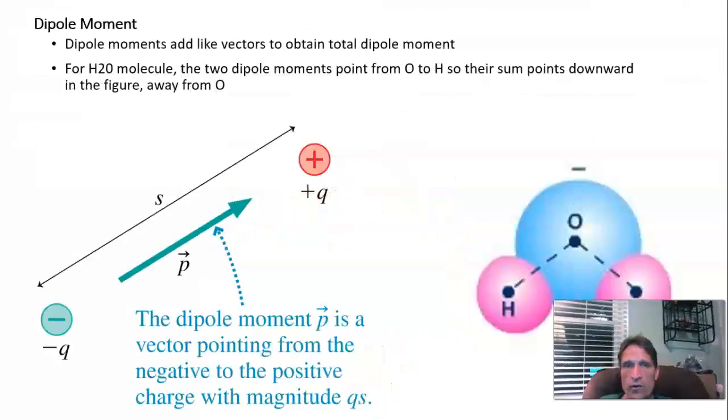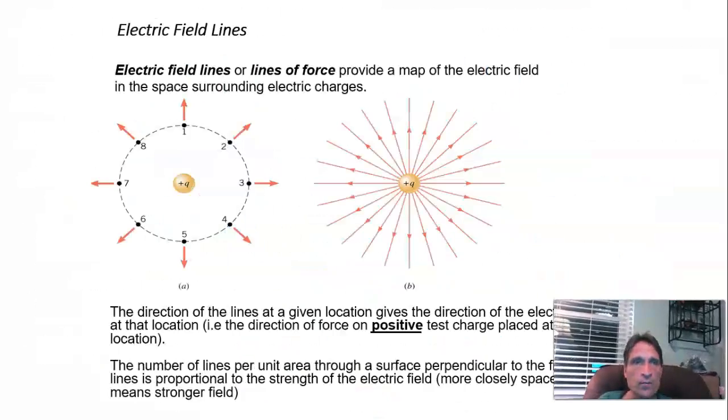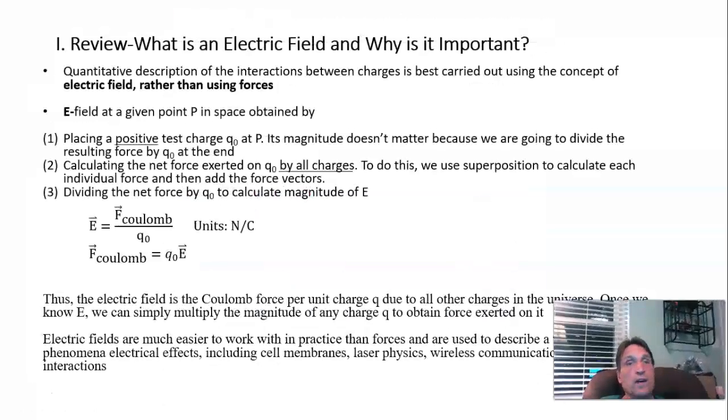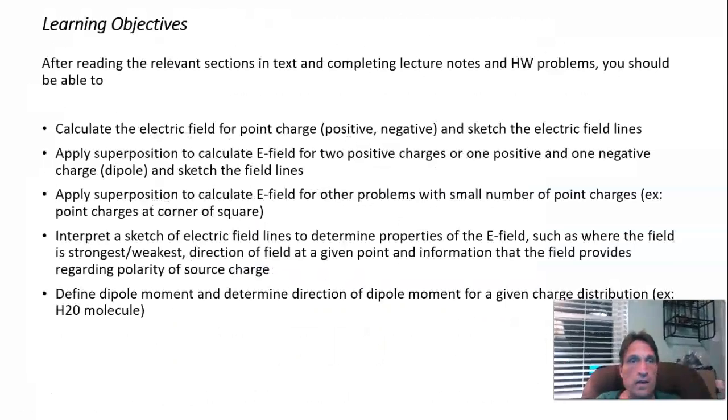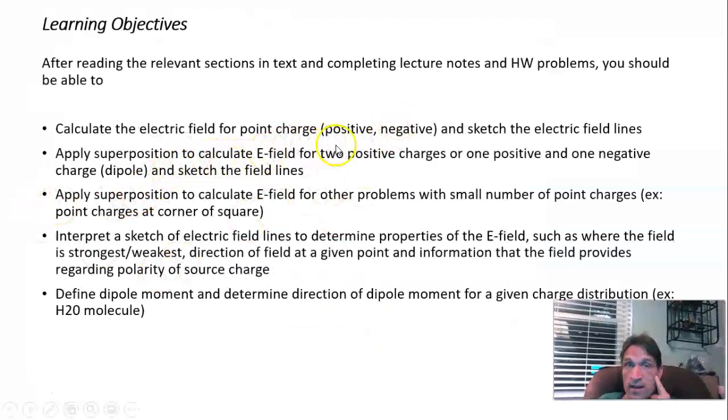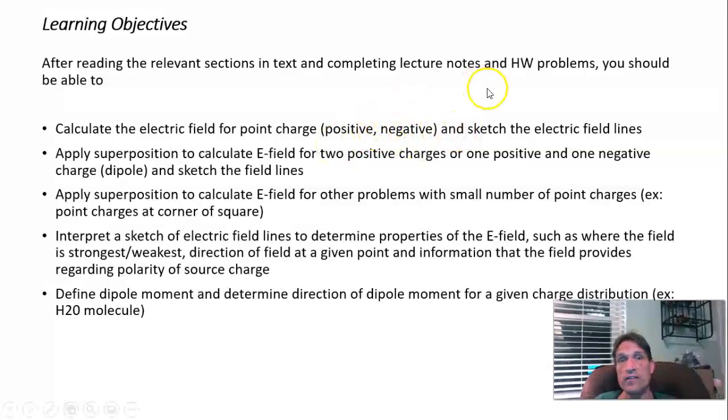So here's what you should be able to do. You should be able to calculate the electric field for either a positive or a negative point charge and sketch the lines.